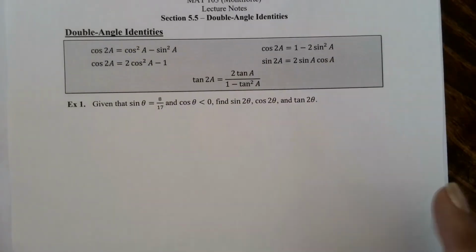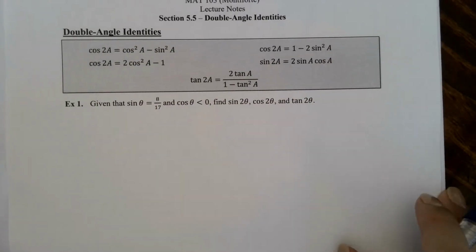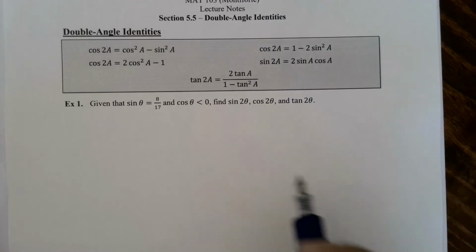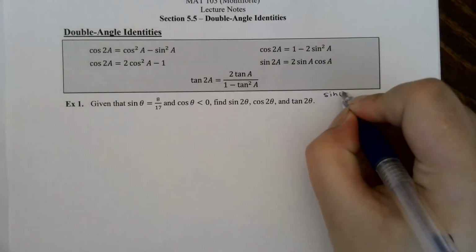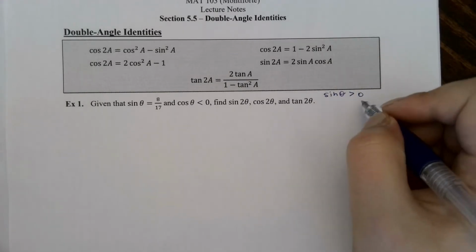Okay. So example 1, given that sine theta is equal to 8 over 17 and cosine theta is less than 0, find sine 2 theta, cosine 2 theta, and tangent of 2 theta. So first, we see sine is positive, so sine theta is greater than 0.